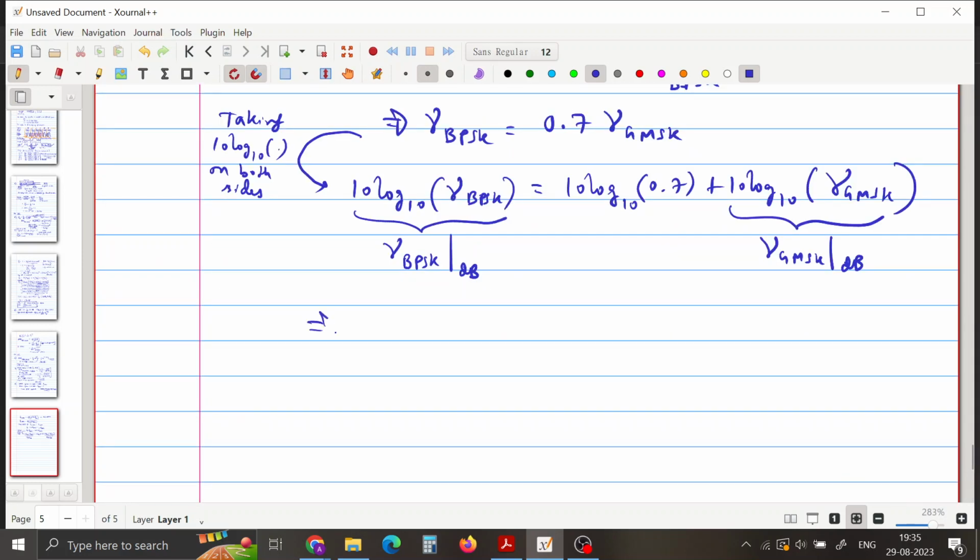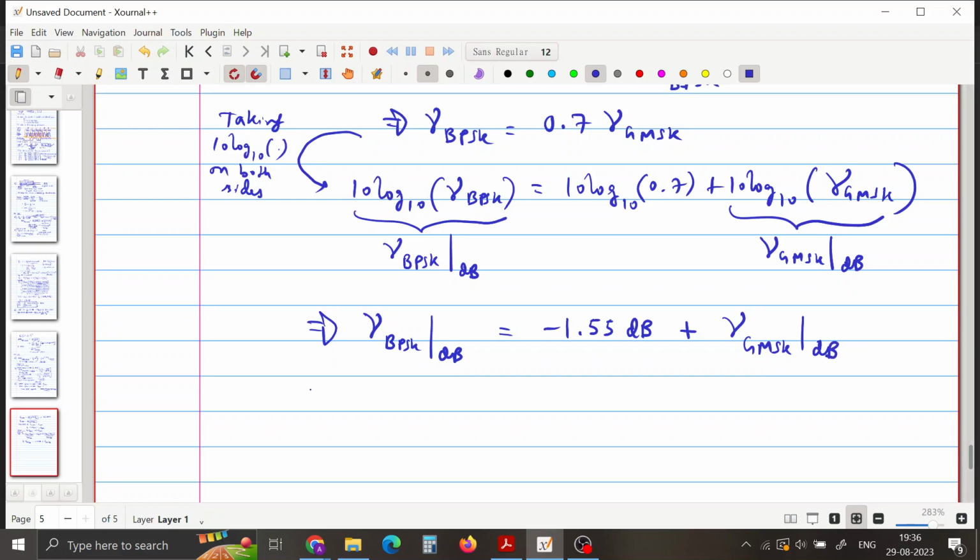So what do you get? Gamma BPSK in dB equals this value. If you calculate 10 log base 10 of 0.7, you will get minus 1.55 dB, plus this gamma GMSK in dB.